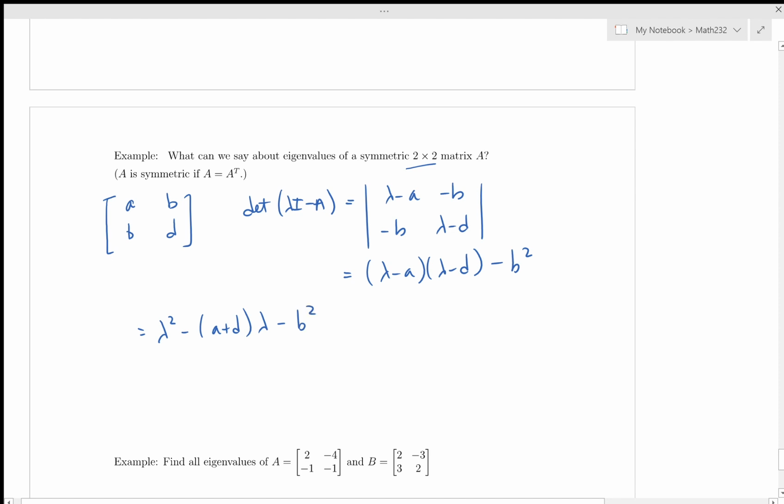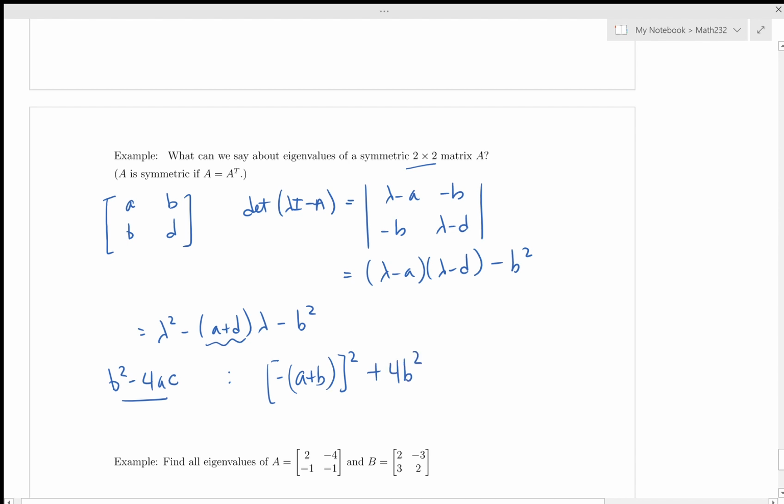Now let's take a look at the discriminant in the quadratic equation in this case. This is b squared minus 4ac from the quadratic equation. It's a little bit confusing because we have a's and b's meaning different things, but in this case b squared will be a plus d, well, it's negative of it, but it's squared, minus 4ac, which will be this.